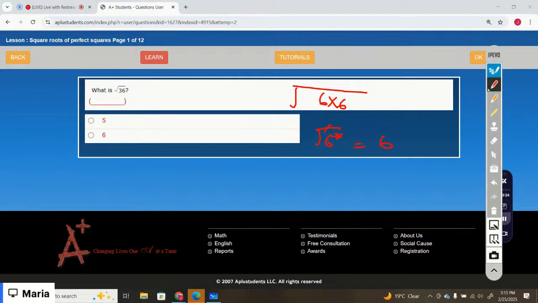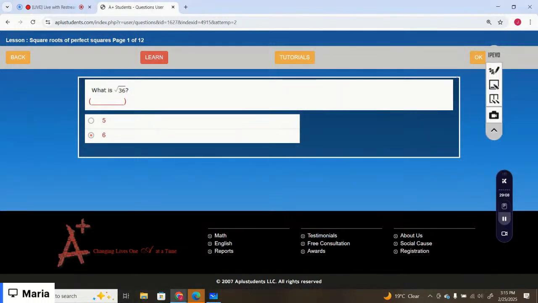So square root 36 equals 6. Option number 2 is the correct option.